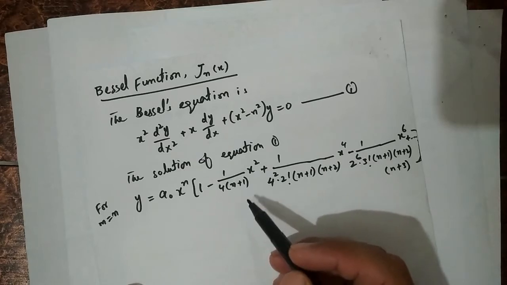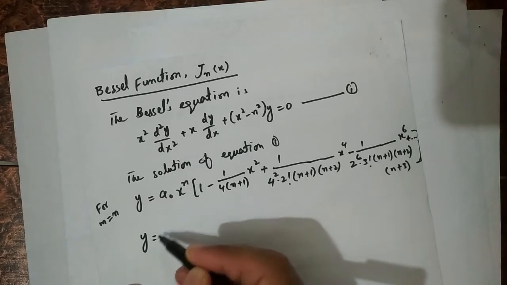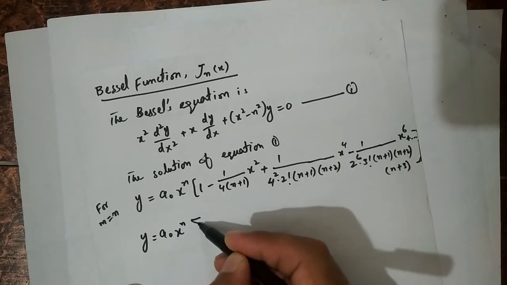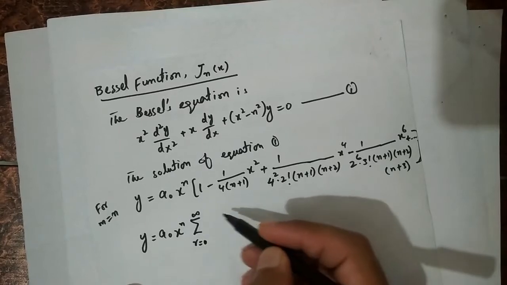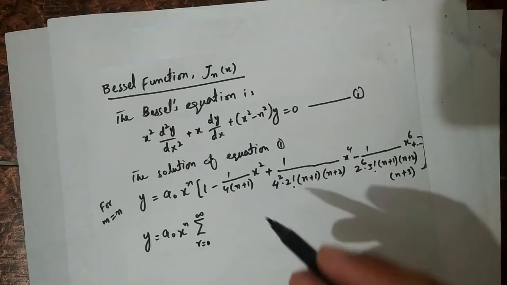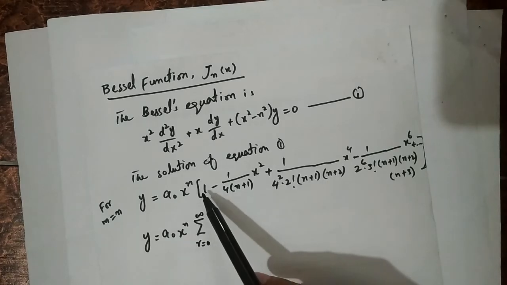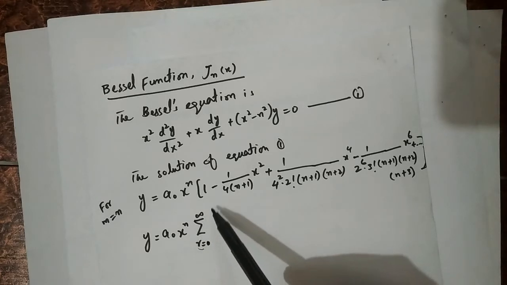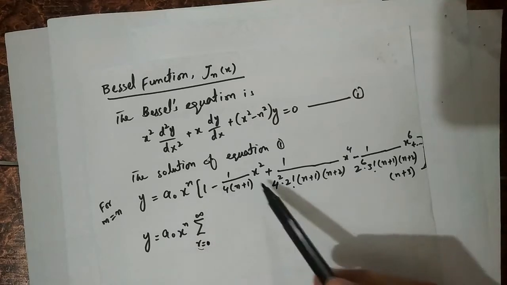So let's suppose that y is equal to a naught x to the power n into summation r equals to from 0 up to infinity. So what we are going to write is that when we apply the summation to the terms, then for each value of r we will get these terms.